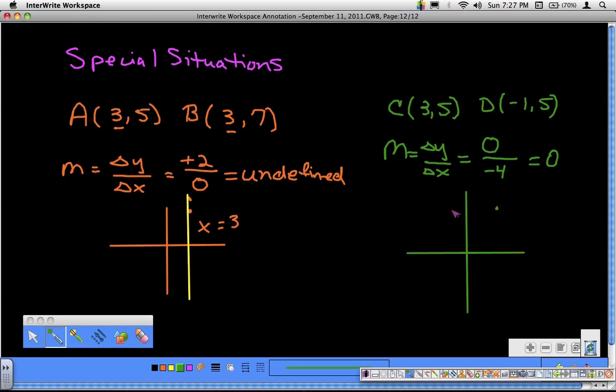And now if I were to connect the lines on those two, I could go right through them. And again, this time it's a horizontal line, which, like you would expect, has a slope of 0. The rise doesn't change throughout the length of the line.